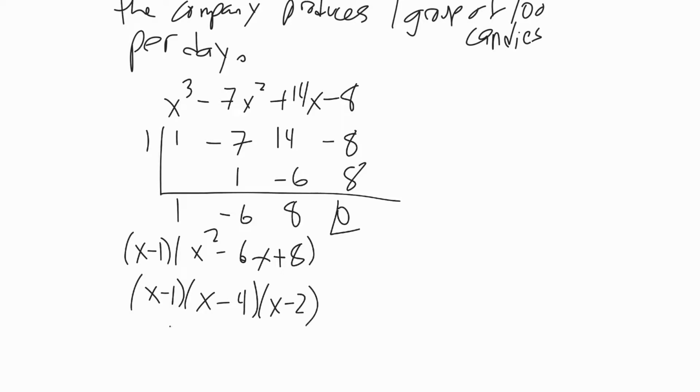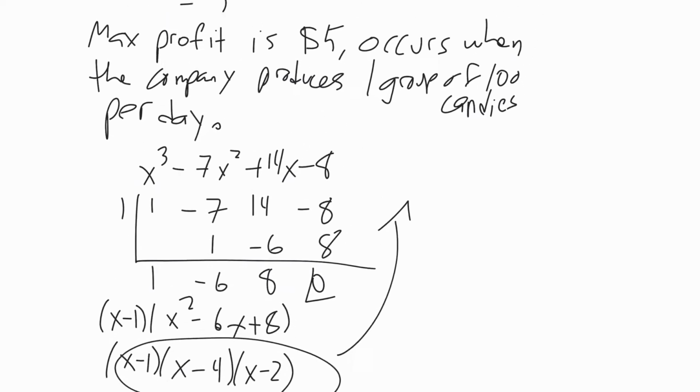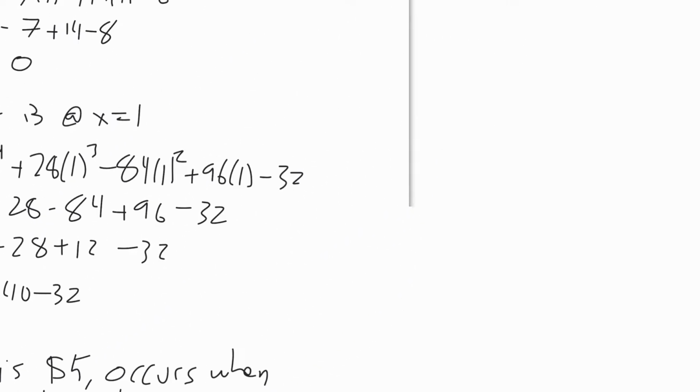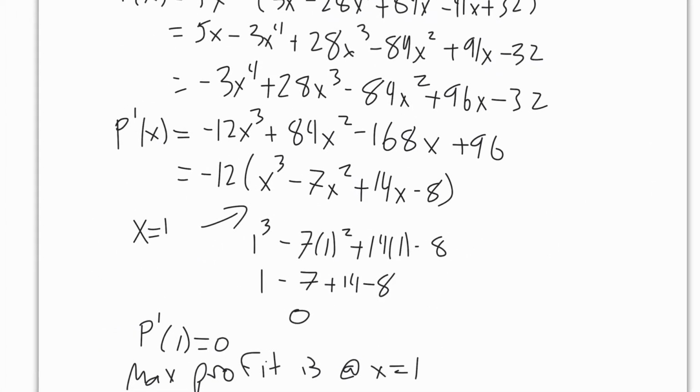So let's take this and go back to what we were working on. Over here, we had our p prime. We didn't factor this before, but let's factor it all the way now.